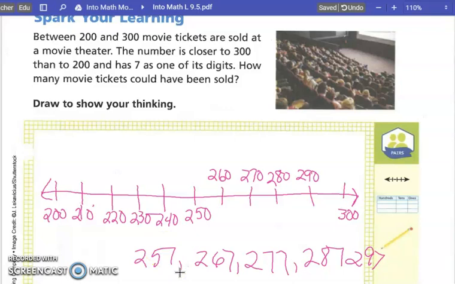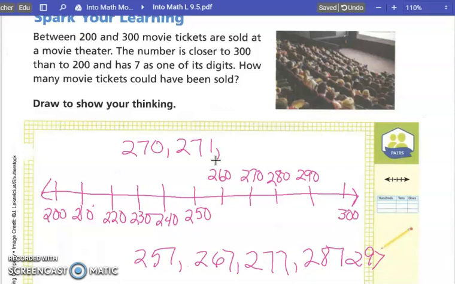What else could it be? Could it be 270? Yeah. Could it be 271? 72, 73, 74, 75, 76, 77, right? 278, 279. So it could be any of the 270 numbers.